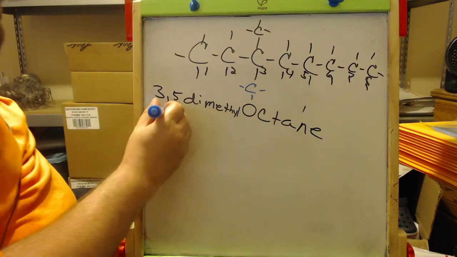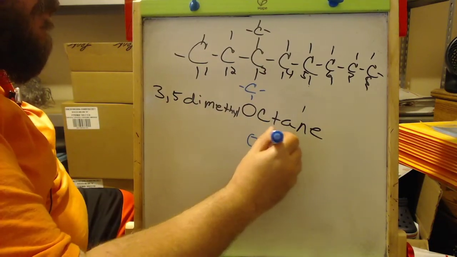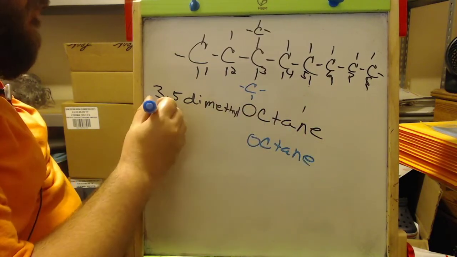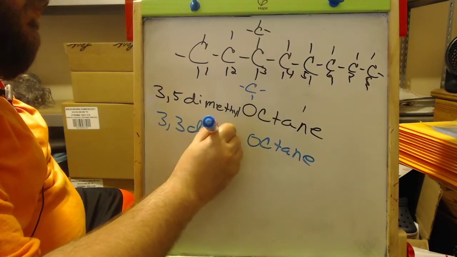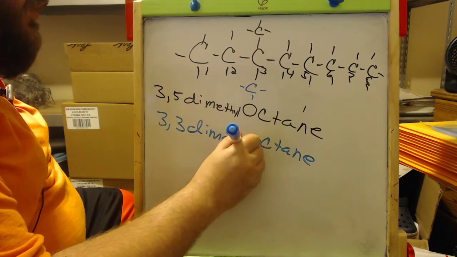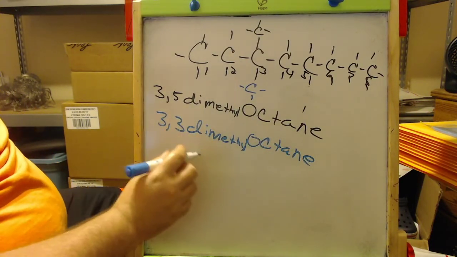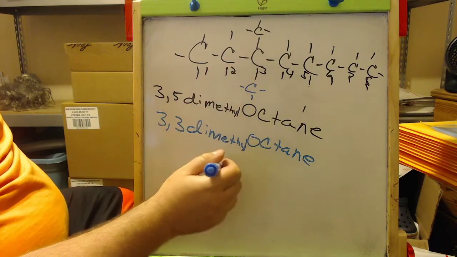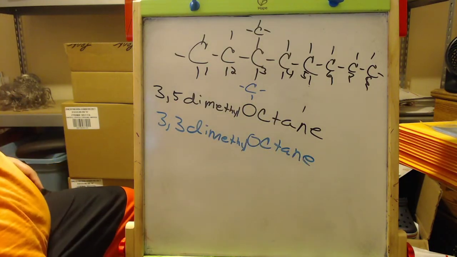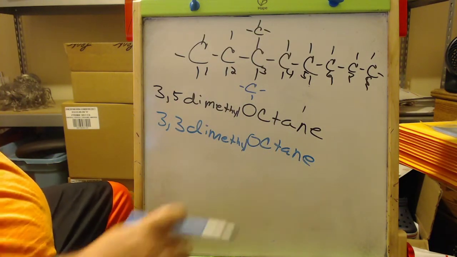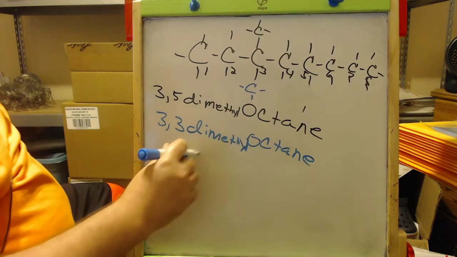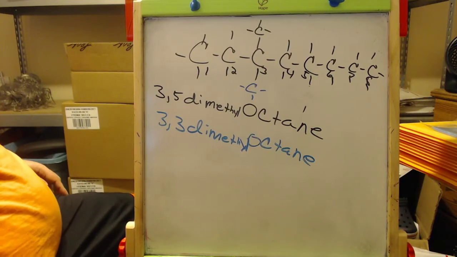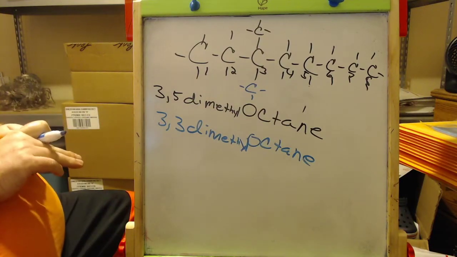In order to name this, it would still be octane. I have to write it like this: 3,3-dimethyl. Basically what you're telling somebody is that there's 2 methyl groups on the 3rd carbon, and we have 8 carbons in our chain. Methyl octane. So 3,3-dimethyl octane.